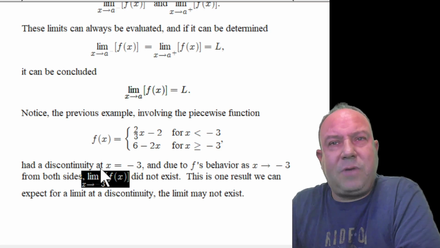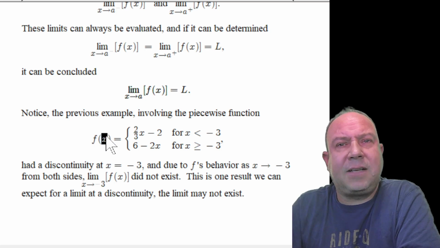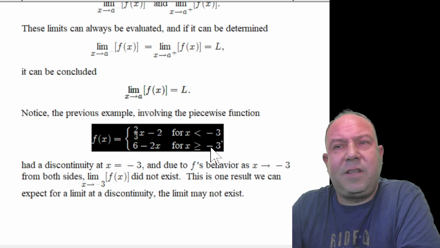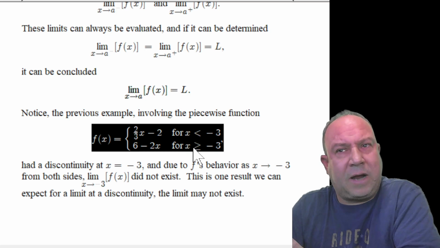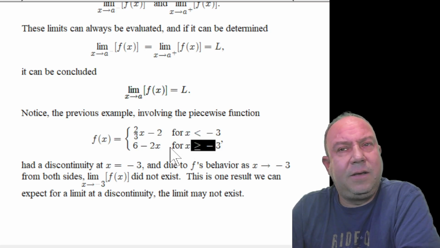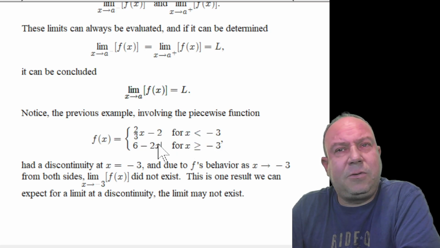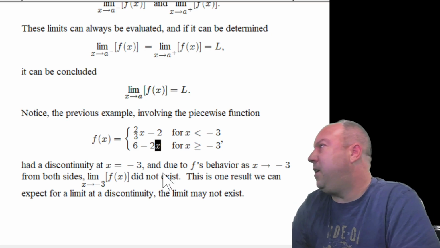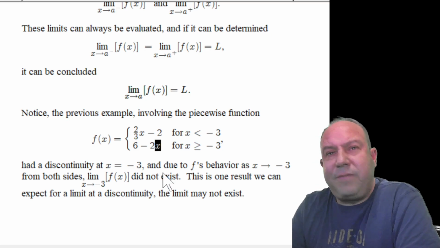When we substitute -3 into this function for x, it substitutes itself into the second part because that's where x is greater than or equal to -3, which yields the value of 12.